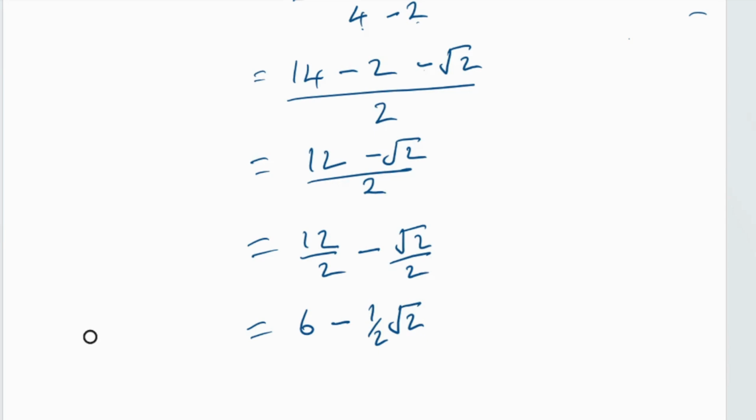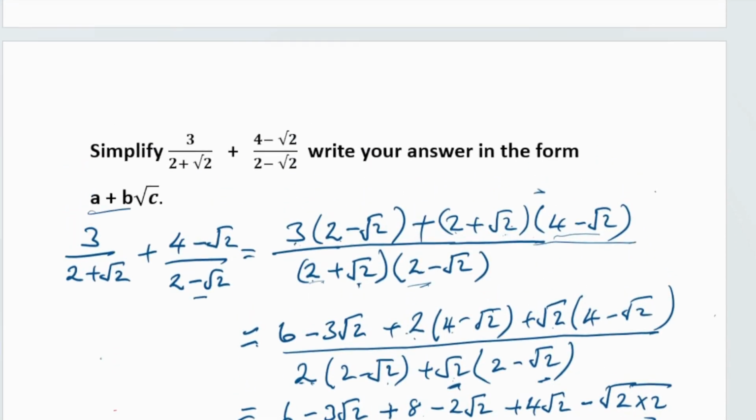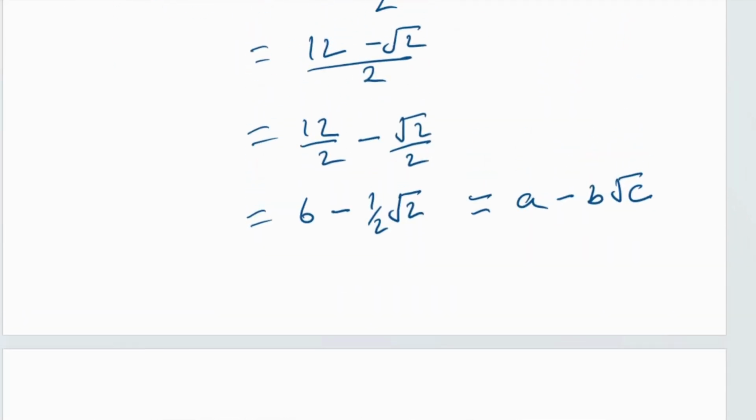And this is in the form a plus b square root c, as we were told at the start of this question, where a is equal to 6, b is equal to minus a half, and c is equal to 2.